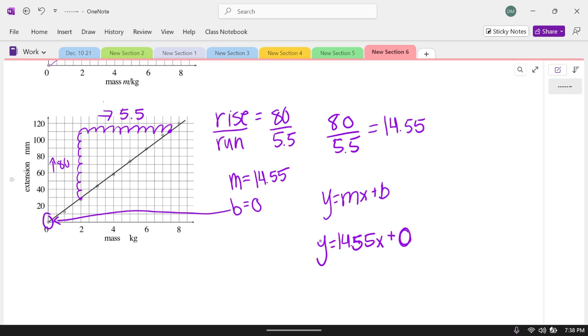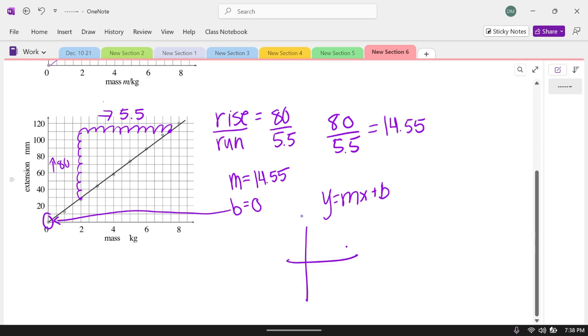Where physics gets weird is that we take it one step further, and this x and this y need to become new letters. The reason is that in math class, when you're looking at these graphs, they just have it as y and x. They don't really have anything written on the y or x axis. In science class, we take these y and x and we give them names.